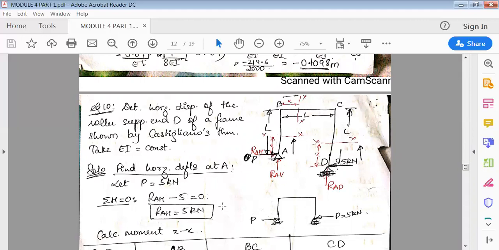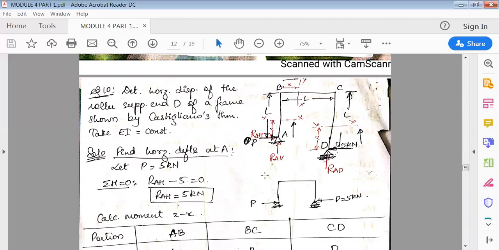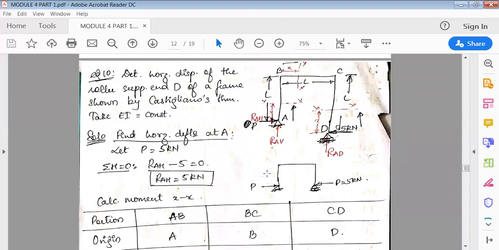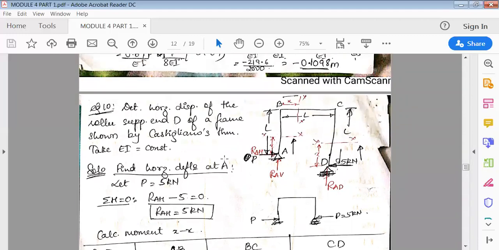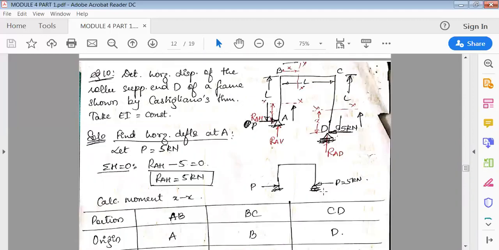Now this 5 kilonewton, I'll take it as P. The external load will be replaced with the letter P. So RAH 5 kilonewton, I'll write it here, and P, I'll write it here. P is 5 kilonewton.